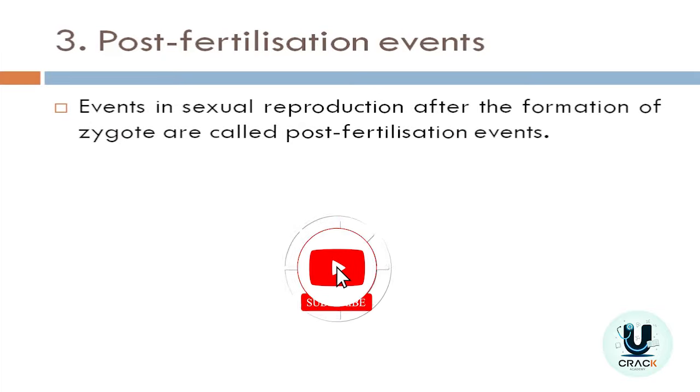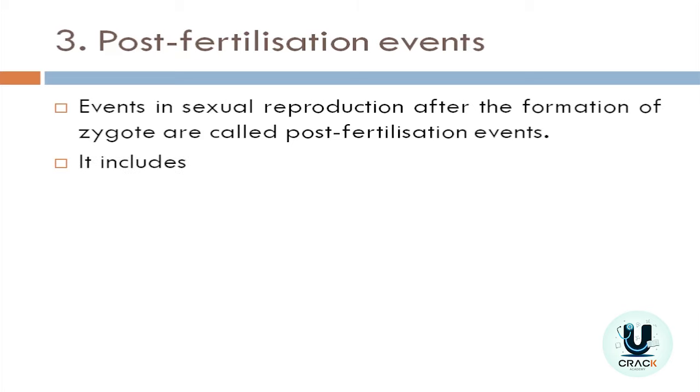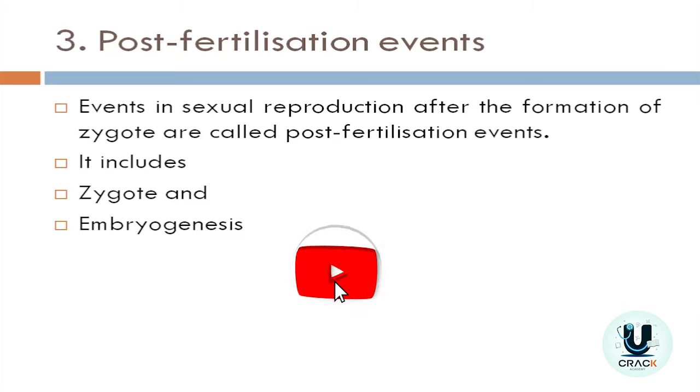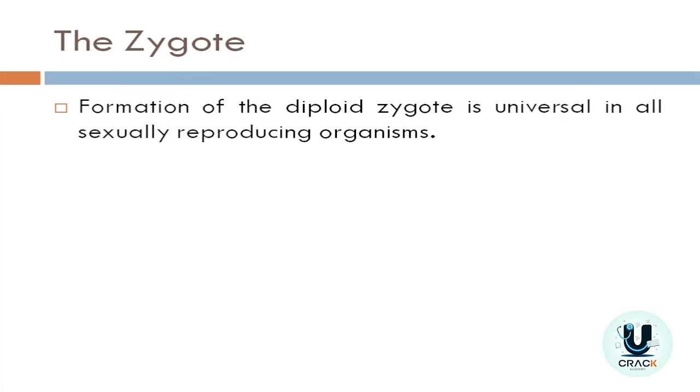Post-fertilization events. Events in sexual reproduction after the formation of zygote. What comes after the zygote is formed is called post-fertilization events. It includes zygote and embryogenesis. So first is fertilization, then zygote and embryogenesis. We'll see the zygote.